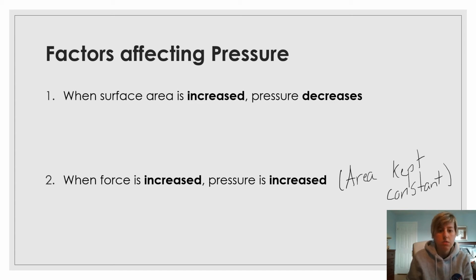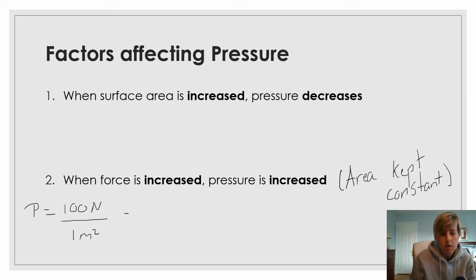So we're going to do just some quick practice calculations here. If I have a force of 100 newtons spread over an area of 1 meter squared, well, my pressure is going to be 100 pascals.